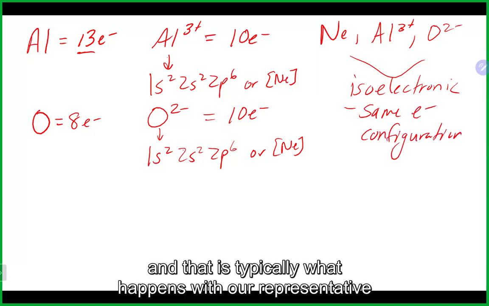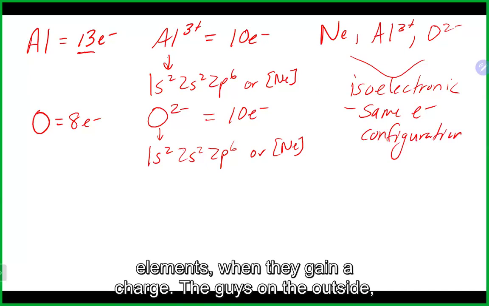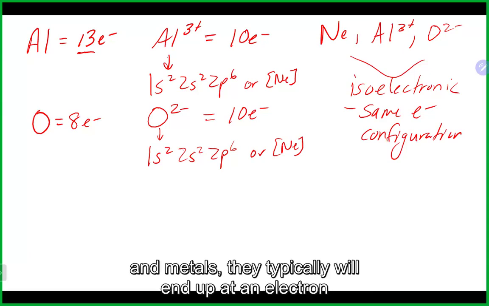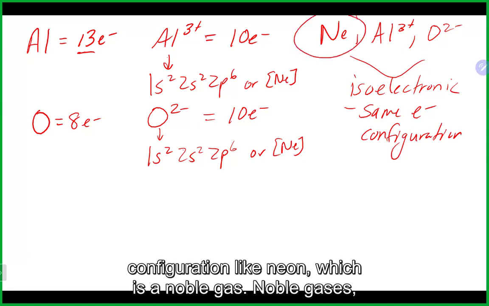And that is typically what happens with our representative elements when they gain a charge. The guys on the outside, not transition metals, non-metals and metals, they typically will end up at an electron configuration like neon, which is a noble gas.